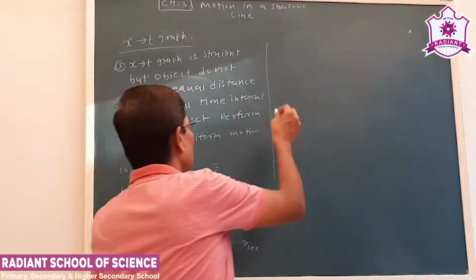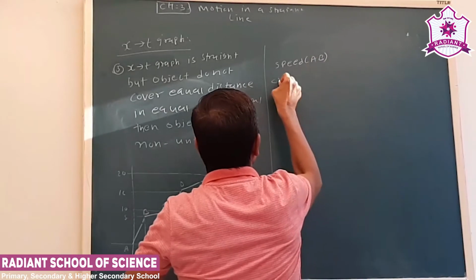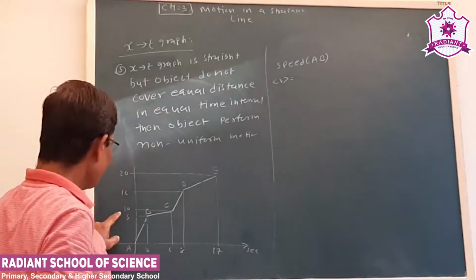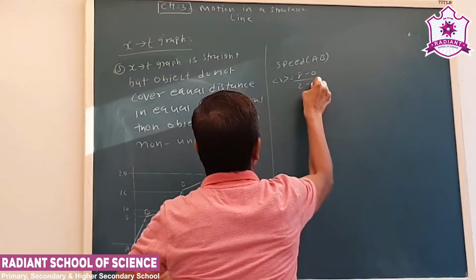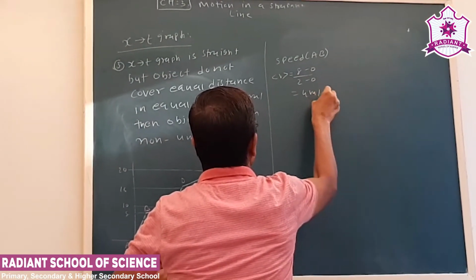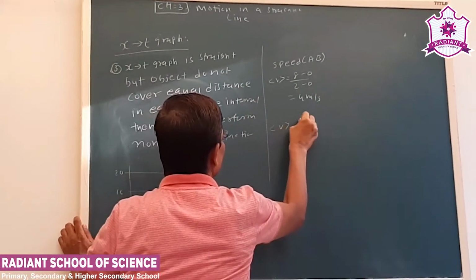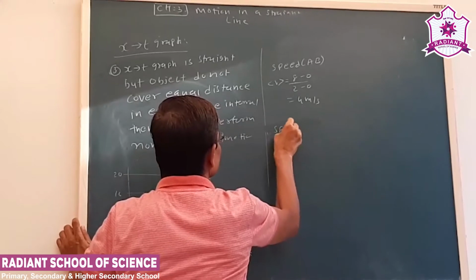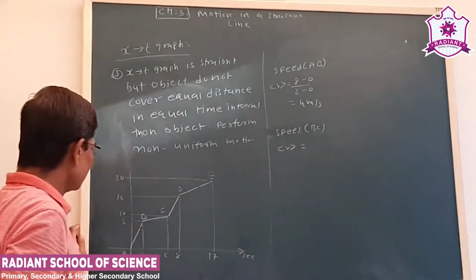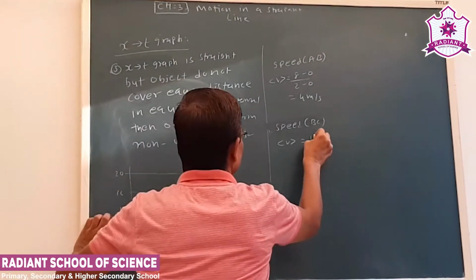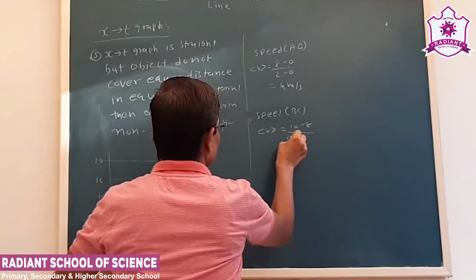Suppose we get the value of the speed in the AB part, then the average speed is 8 minus 0. Now suppose we obtain the value of the speed in the BC part, in that case it will be 10 minus 8 upon 6 minus 2.